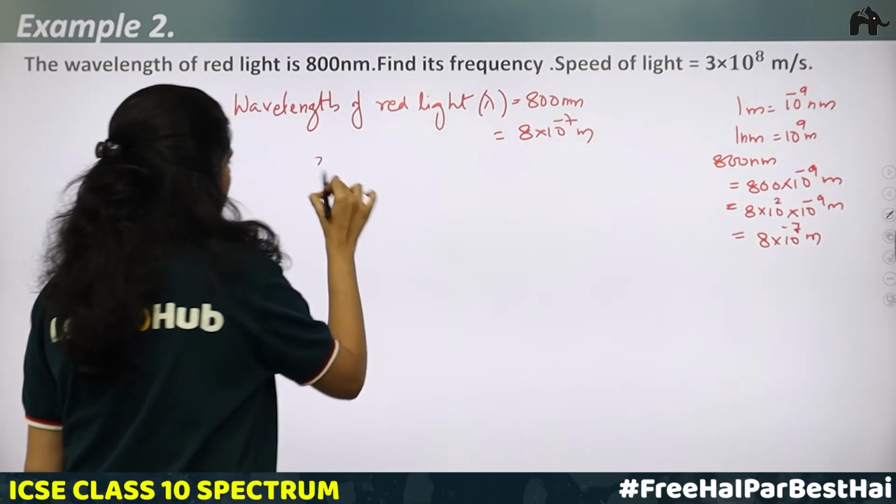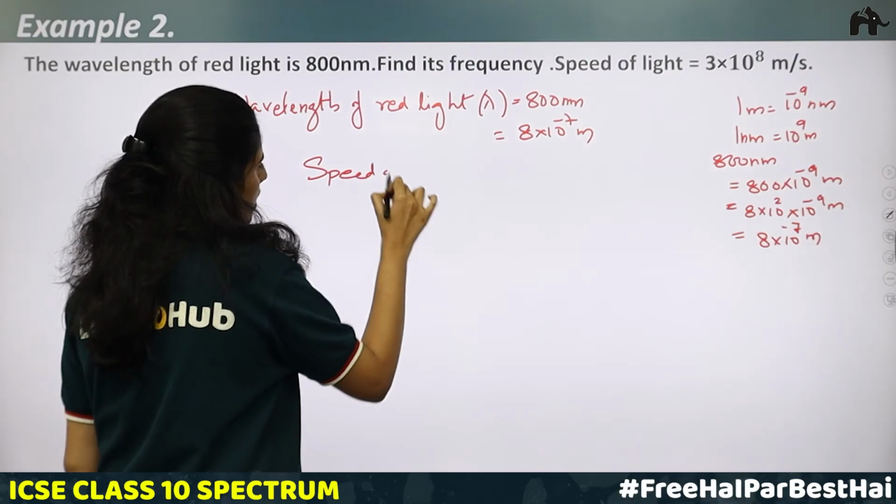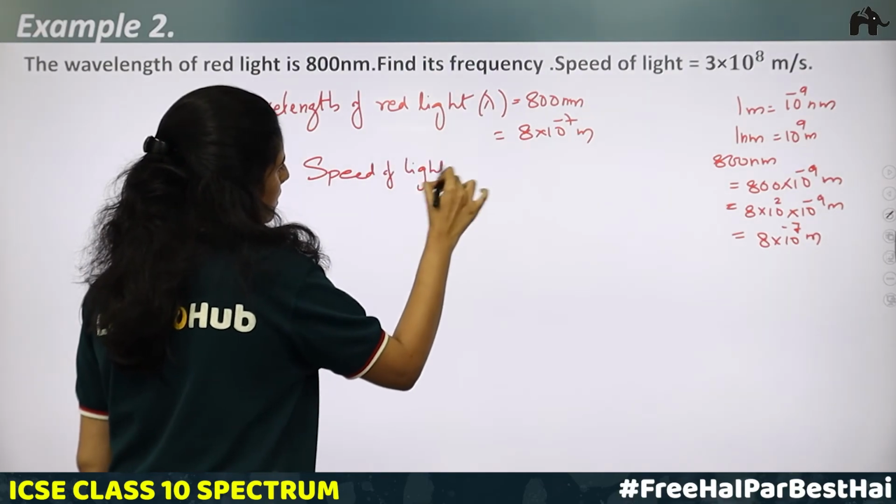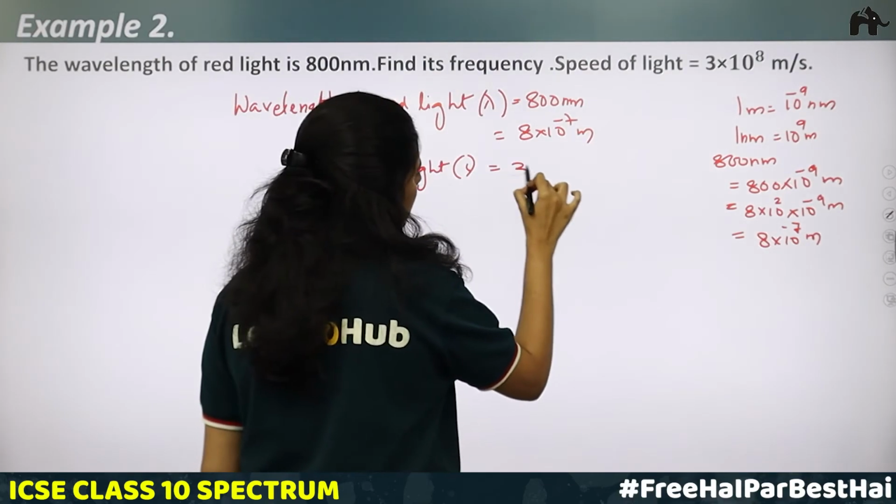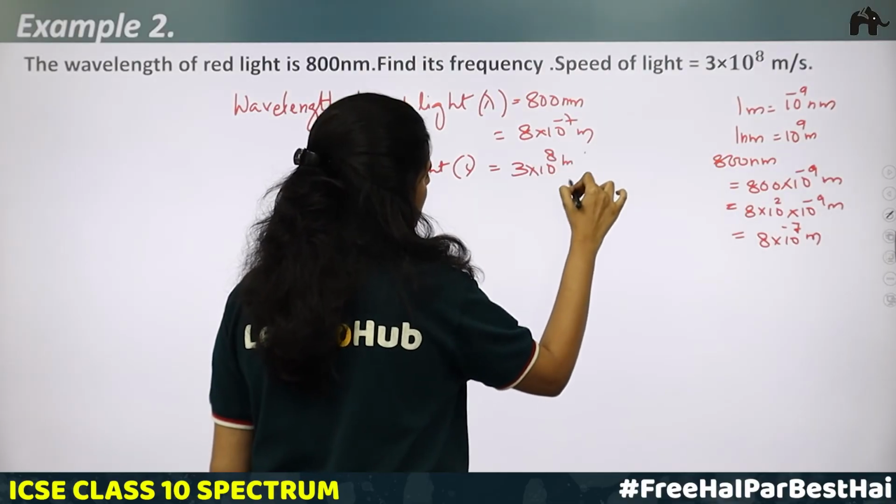Now we are given the speed of light, C is equal to 3 into 10 raised to 8 meter per second.